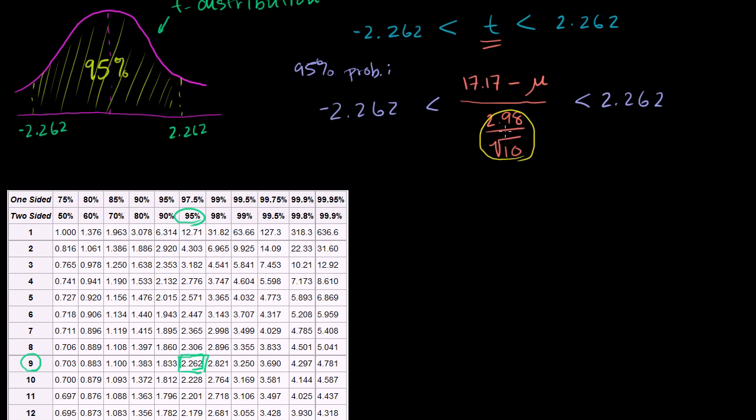And we just calculated that value, 2.98 over the square root of 10, which is equal to 0.942. So if I multiply this entire inequality by 0.942, on the left-hand side I have negative 2.262 times 0.942.